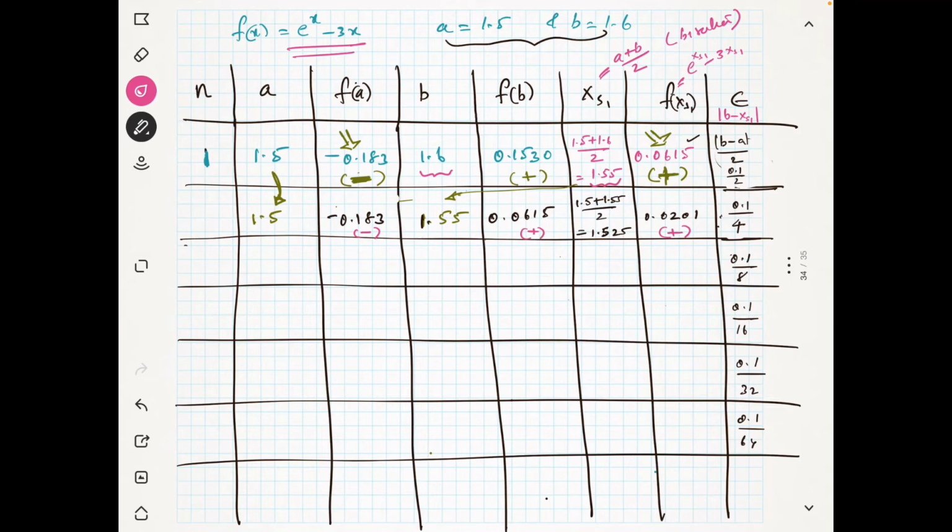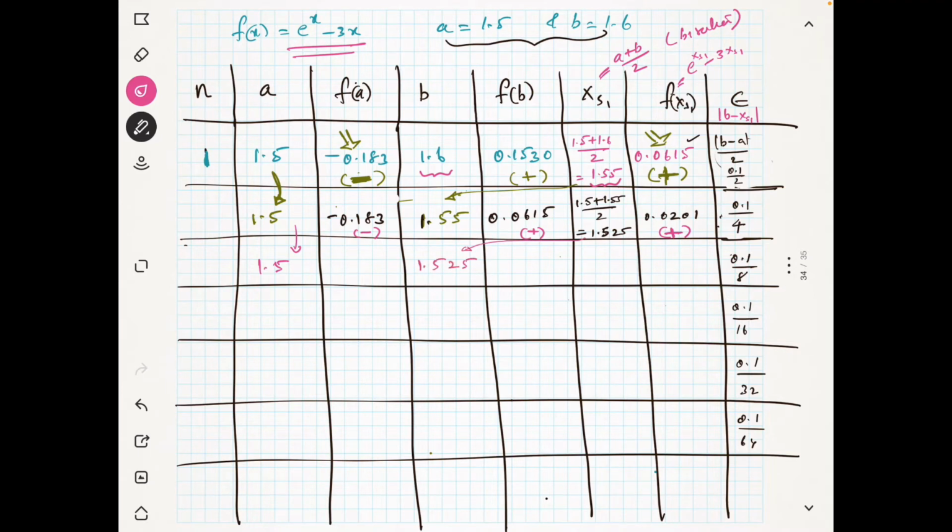So we have the solution between our new x's and a. And what is our a? Our a is same, 1.5, and this is positive. So what is the corresponding value? The corresponding value is 1.525.